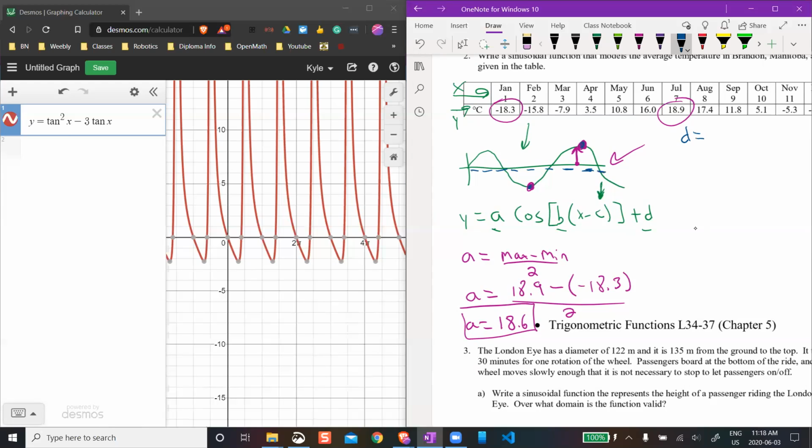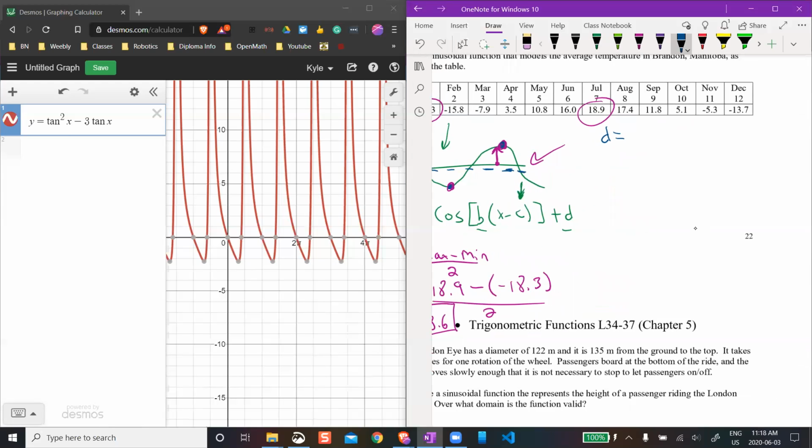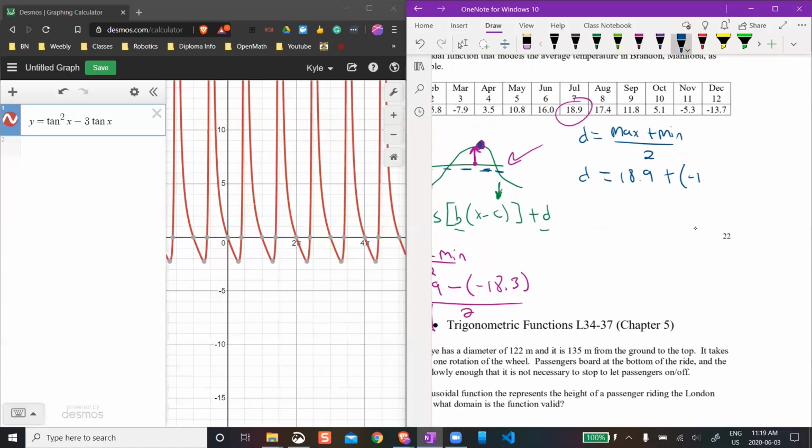So let's find that average number. Instead of max minus min, it's going to be your max plus your min, divided by 2, like finding the average of any two numbers. Same thing as before, but we're going to add them. So that's 18.9, our maximum number, plus negative 18.3, divided by 2.